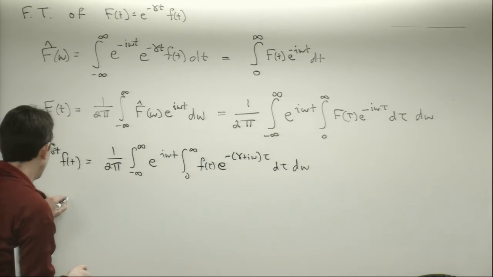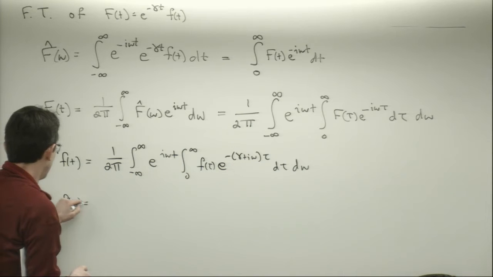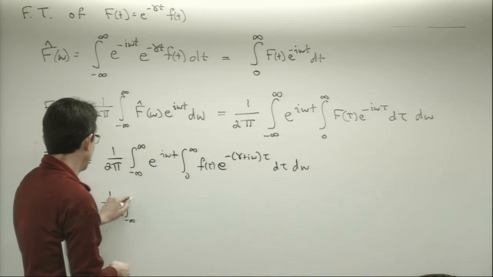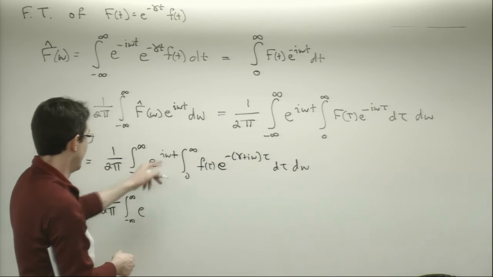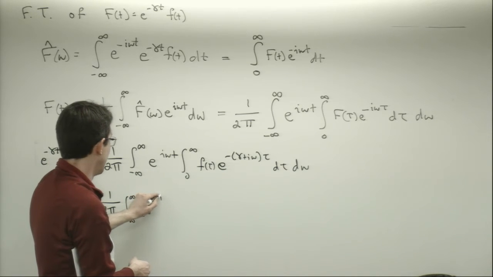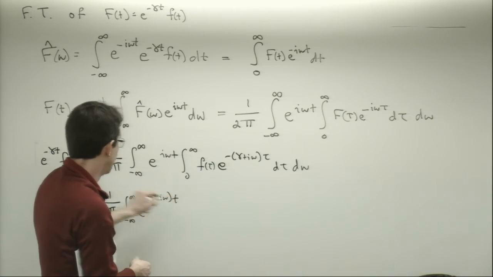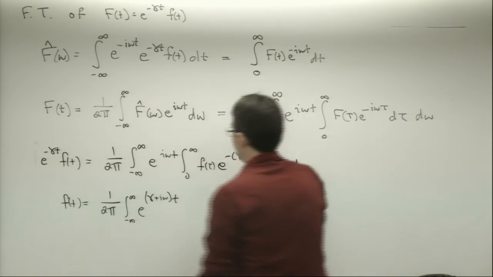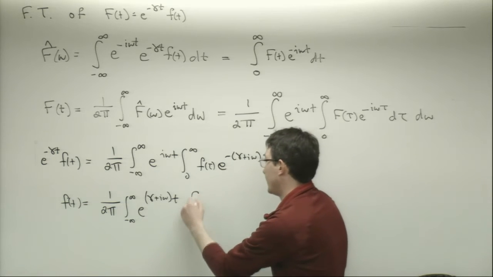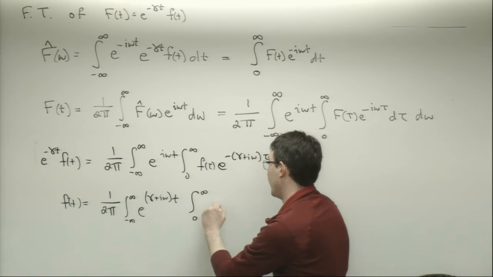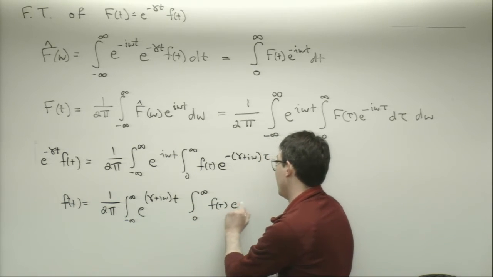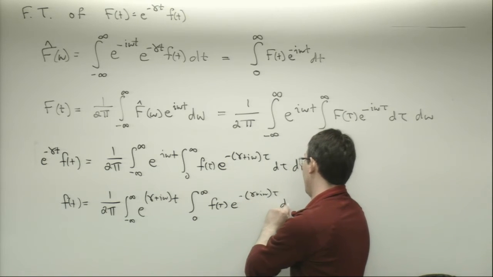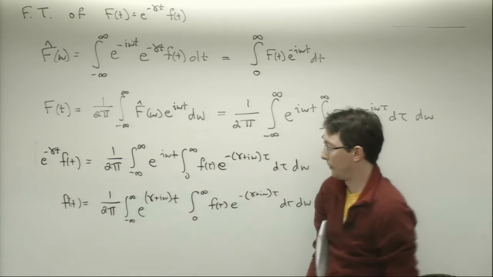So I'm going to get my function of time is equal to 1 over 2 pi integral from minus infinity to infinity of e to the gamma plus i omega t, because I multiplied both sides by e to the gamma t, times the integral from 0 to infinity of f of tau e to the minus gamma plus i omega tau d omega.